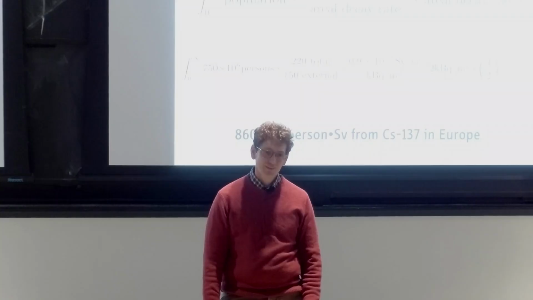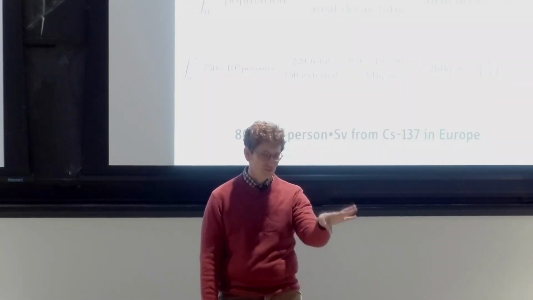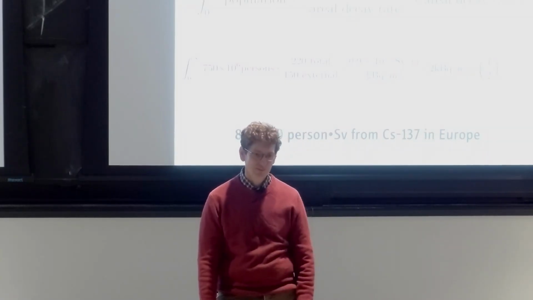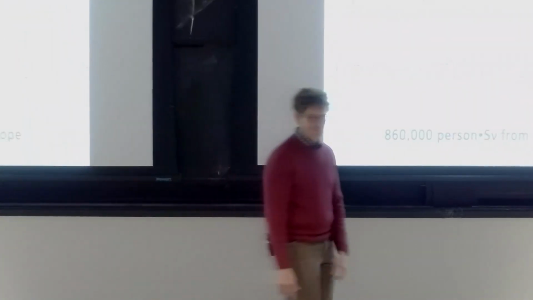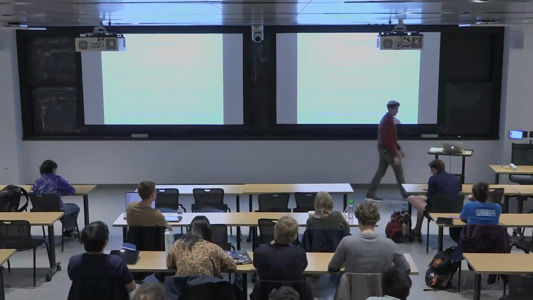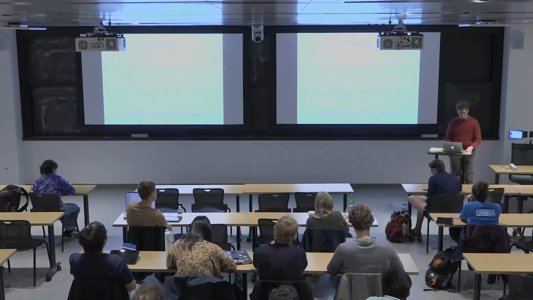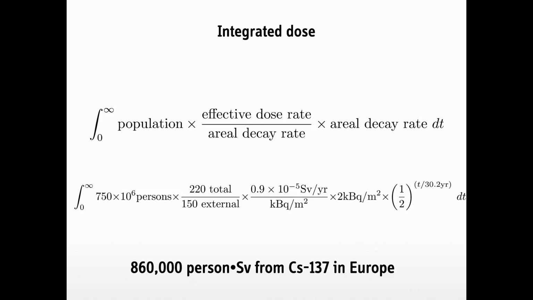The more I take, the less the others take, that's not correct. The first description is correct, the second one is not. Exactly, because it's just spread environmentally, not handed out like pieces of cake. It is not yellow cake. So, everyone good with this unit, person sievert?